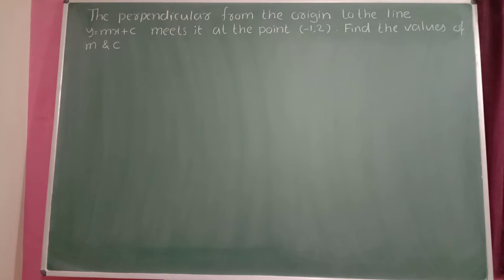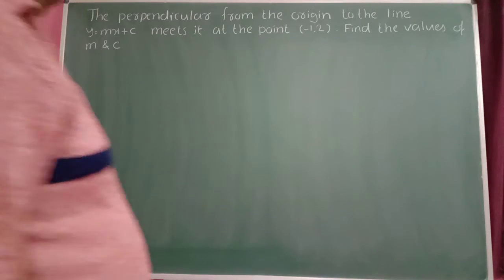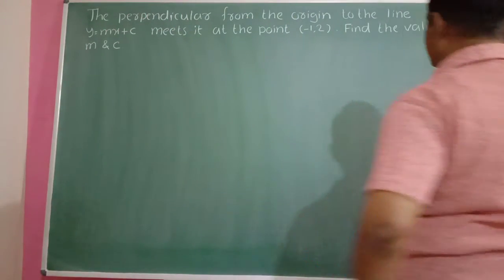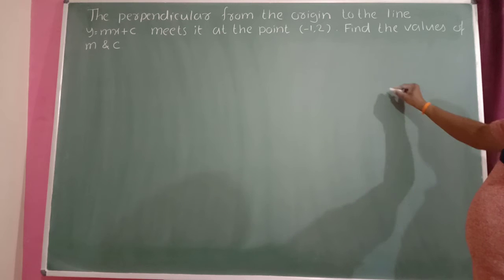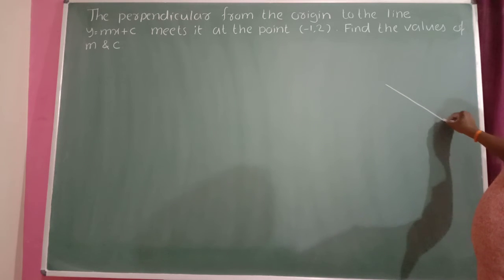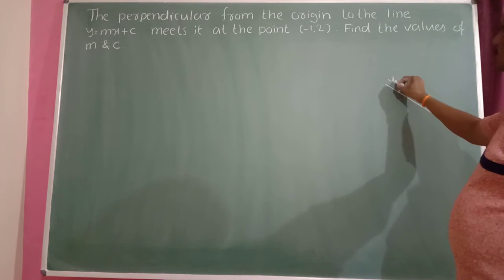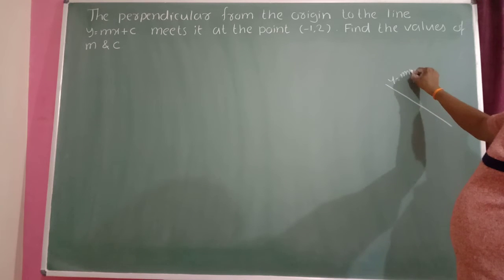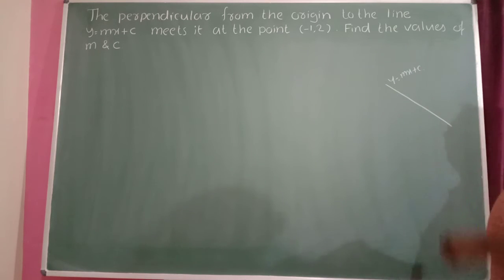The perpendicular from origin to the line y is equal to mx plus c meets it at the point minus 1, 2. Find the values of m and c here. Consider this is a line here. Its equation is y is equal to mx plus c.